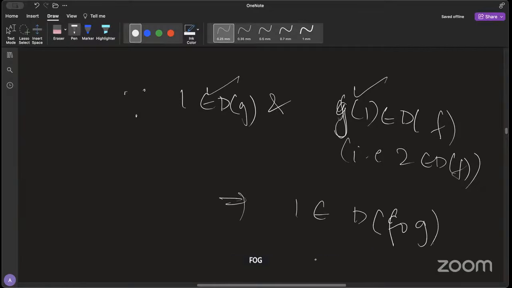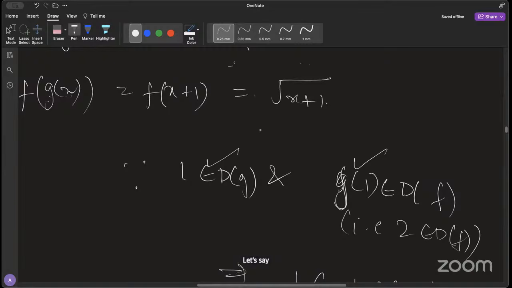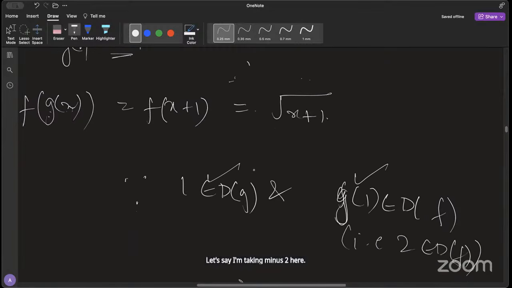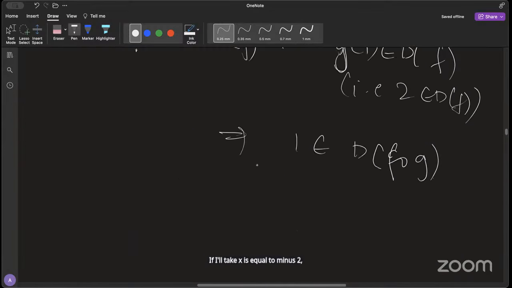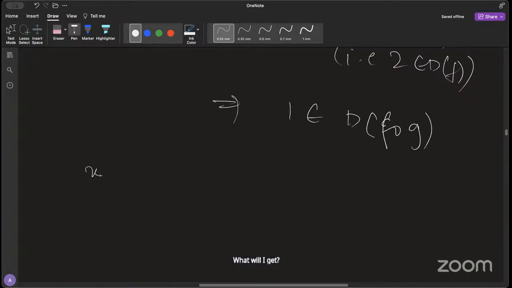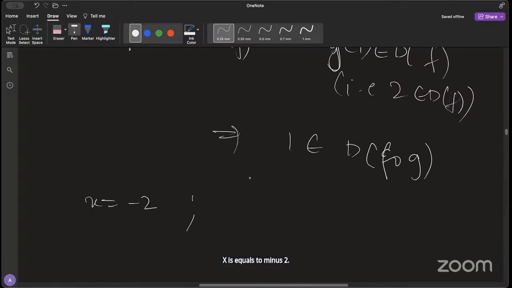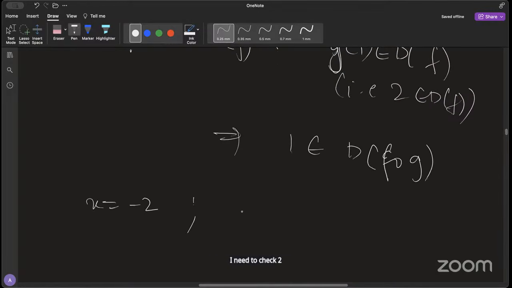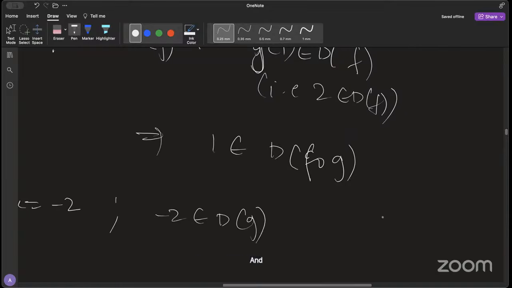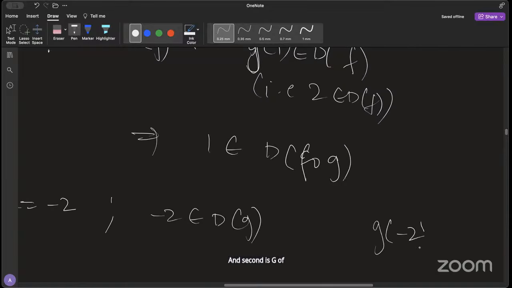Now let's come to some other number. Let's say I'm taking -2 here. If I take x equal to -2, what will I get? I need to check two things. First, -2 should be in the domain of g. And second, g of -2 should be in the domain of f.